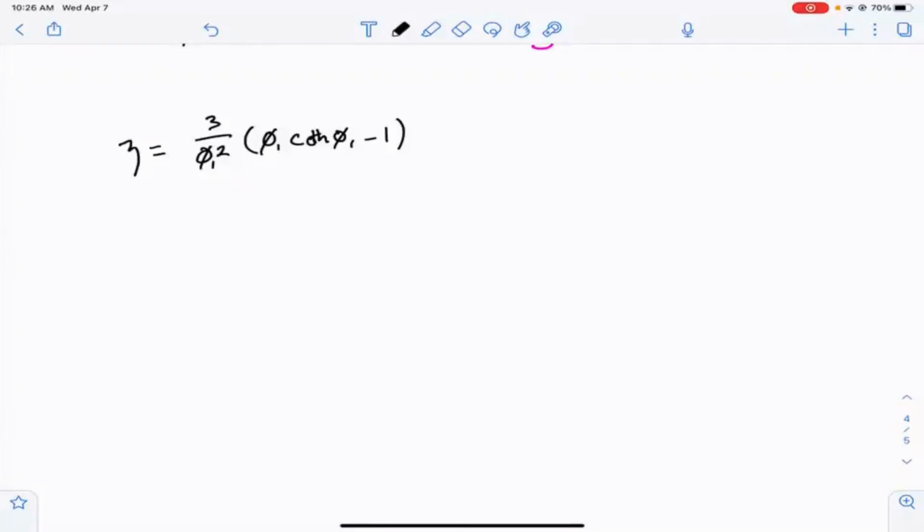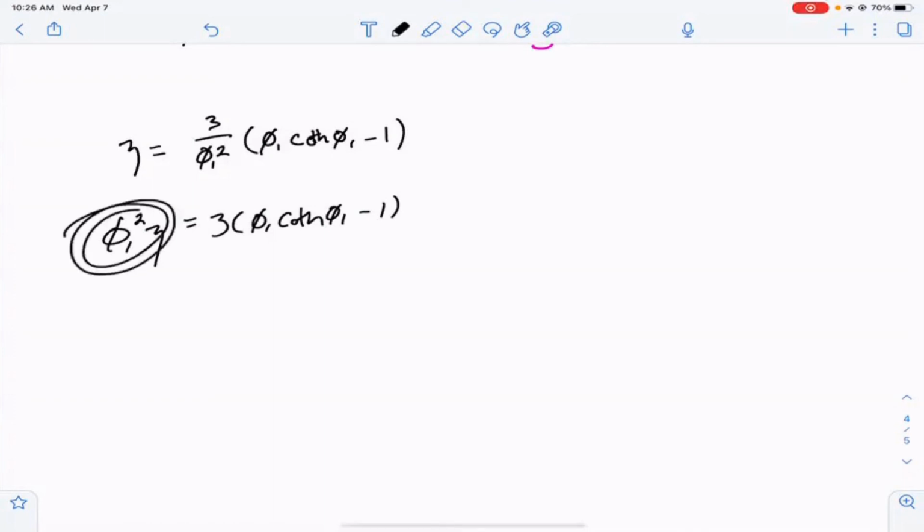So what some people will do is they say, hey, look, let's just multiply by that, right? And get this 3 times this times the hyperbolic cotangent minus 1. And that essentially gives us some measure of the reaction rate over the diffusion rate, because we have the Thiele modulus here multiplied just by some factor with no units, right?